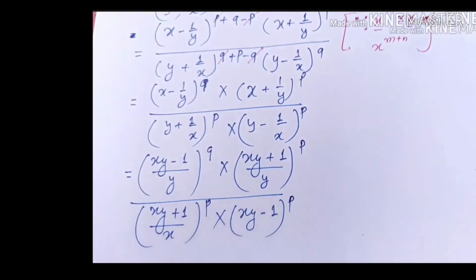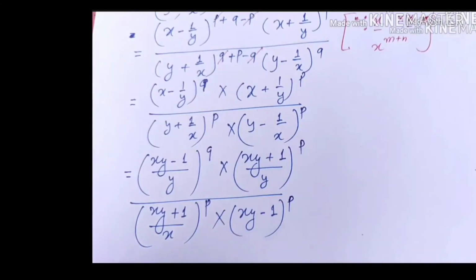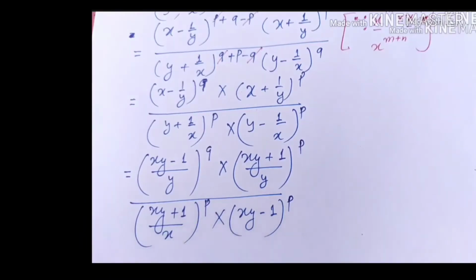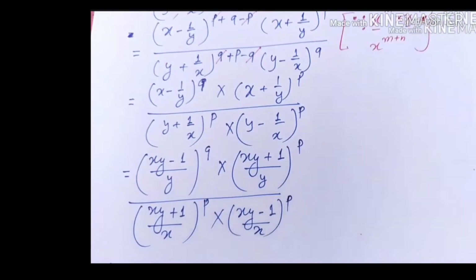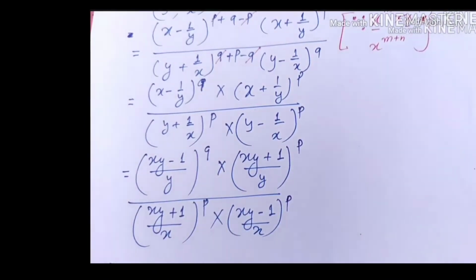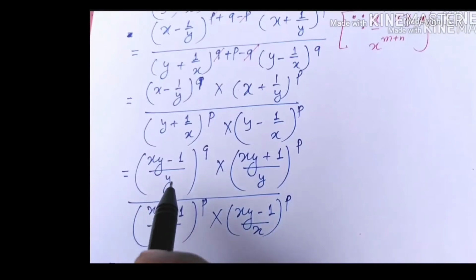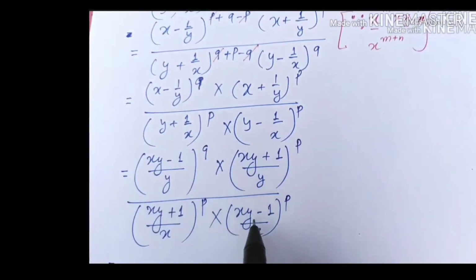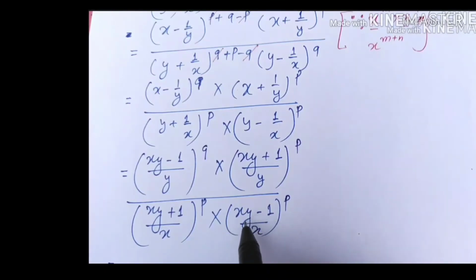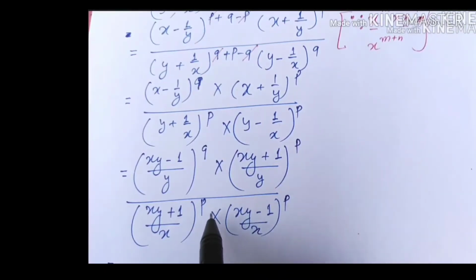Okay, now you can see that x is remaining here. Okay, and now you can see that x minus 1 by y and power.